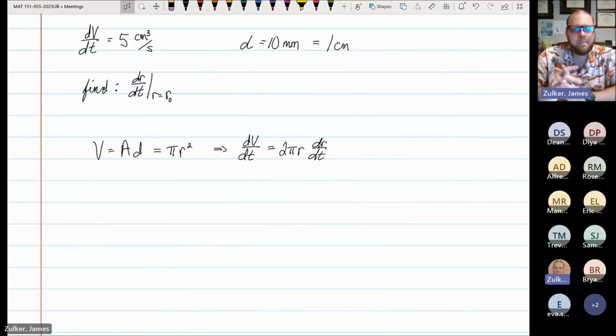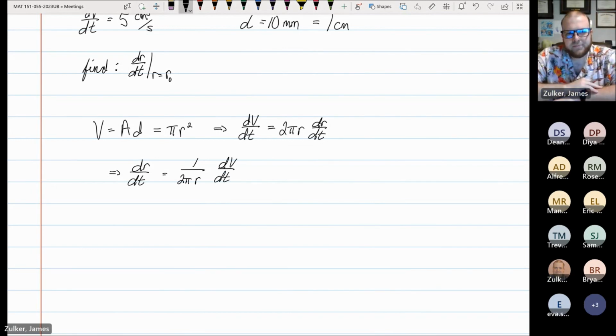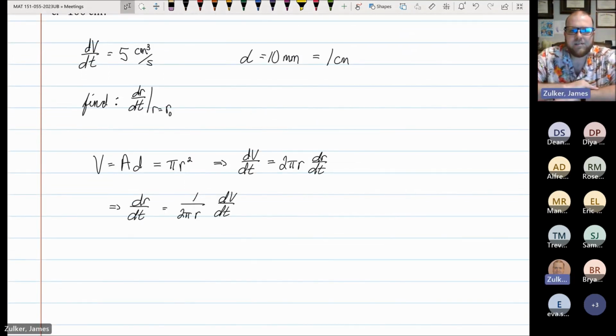Right? Typically, what I like to do at this point is solve for what we're trying to find, right? Which in this case is dr/dt. But we know dV/dt, right? It's 5.